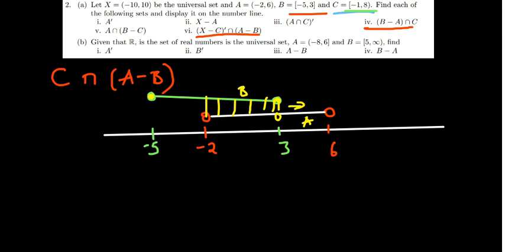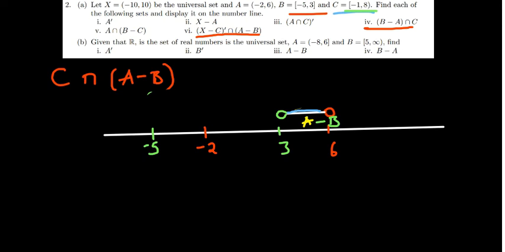So the fact that B is shaded at that part will imply that this part remains unshaded of A, because we've removed that element 3. So what remains of A is 3 to 6. So this entire part goes away. B has taken it away. Alright. So that's where our A is remaining now. Like that. So that is now our A minus B.